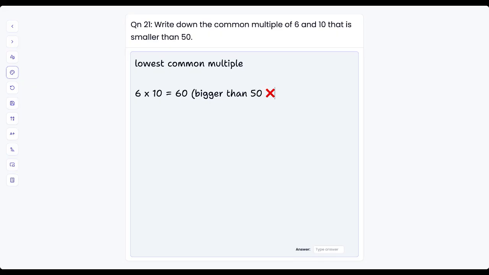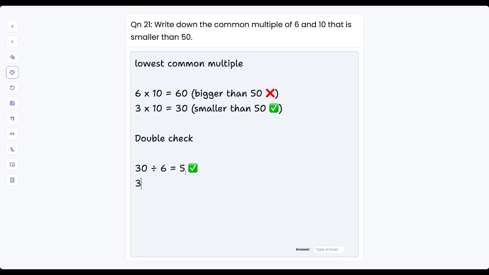So what about 3 times 10, which is 30, which is smaller than 50, which is correct. Okay, so we can double check. 30 divided by 6 equals 5, which is a tick.